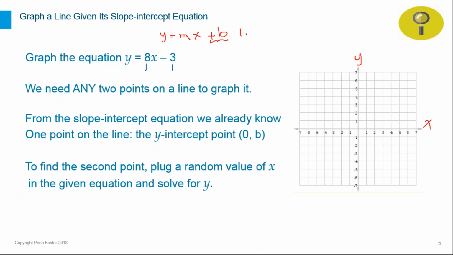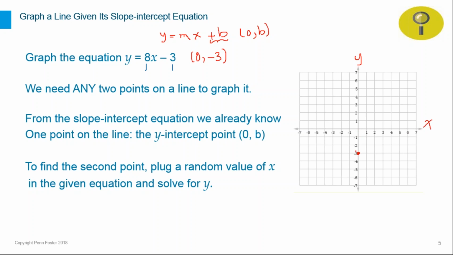So b is -3, and in terms of a point, that tells me that this line will go through (0, -3). And remember the negative here? That will make the b -3, not a +3. So the first point I'm able to plot on my plane would be (0, -3).